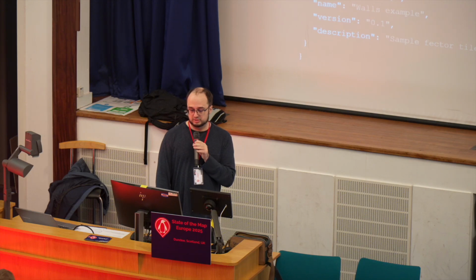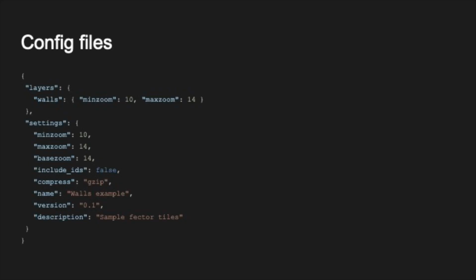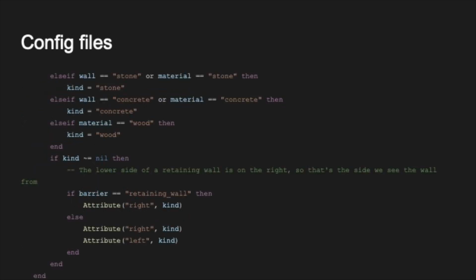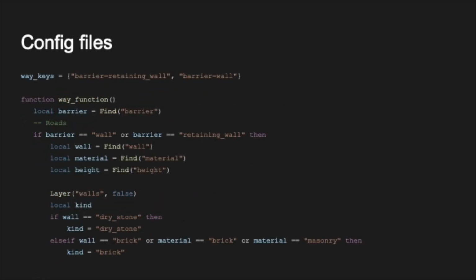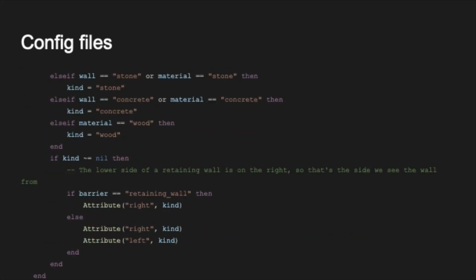So you just tell it there's one layer, so fairly simple config, and then you have logic that looks for barrier retaining wall, barrier wall, and looks at what the material is. So dry stone, brick, stone, concrete, or wood.